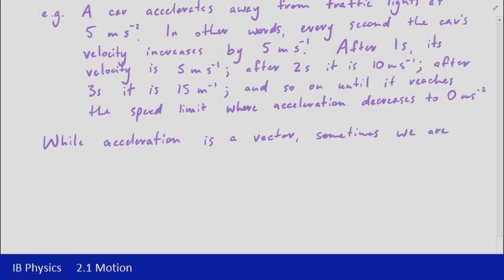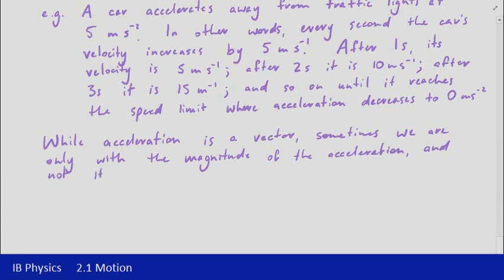So sometimes we are only concerned with the magnitude of the acceleration, and not so much its direction. An example of that would be, say, circular motion, where the size of the acceleration is the important thing, because the direction of the acceleration actually changes as the object moves around a circle. But we'll get onto that when we get to the circular motion unit.